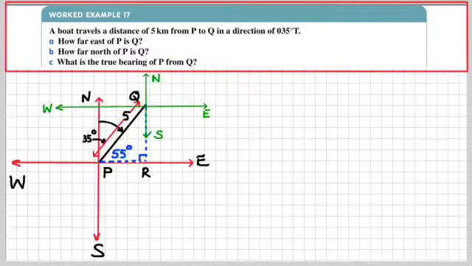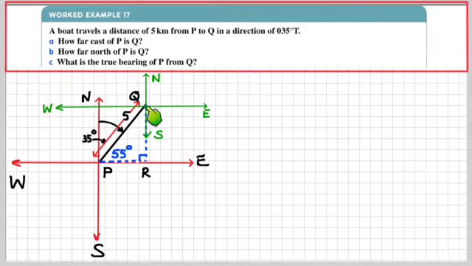Now, part C is a little bit more complicated, so here's a diagram. Now, we've moved from P to Q, as you know, on a bearing of 035 degrees true, and we're at Q. But what they're asking us for in this section, guys and gals, is what is the true bearing of P looking back from Q. Now, that word from is where you put your compass perpendicular lines around that point, because that is your reference point now, from which you are looking to find P. Okay?